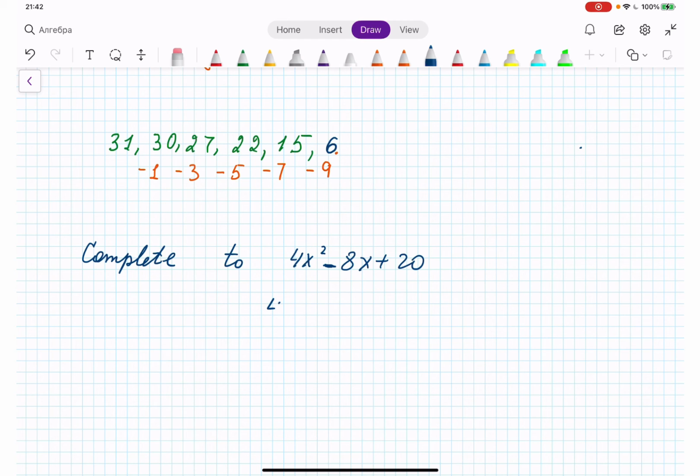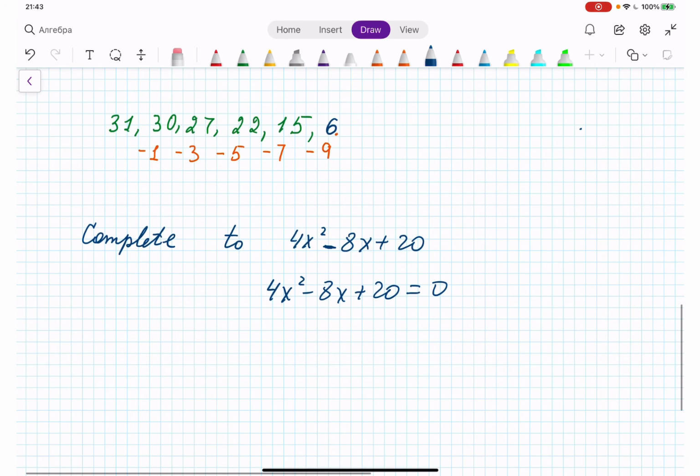So it's going to be 4x squared minus 8x plus 20 is equal to 0. Okay, so I'm going to divide every single term by 4 because I can reduce, right? Which is going to be x squared minus 2x plus 5 is equal to 0.